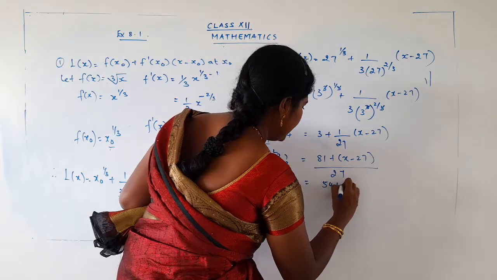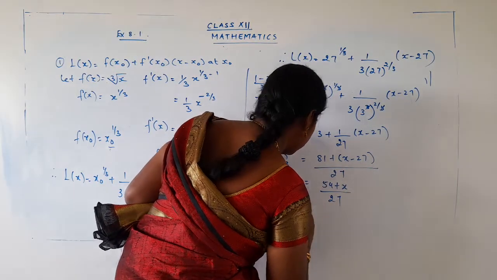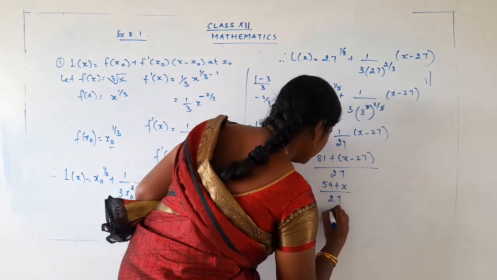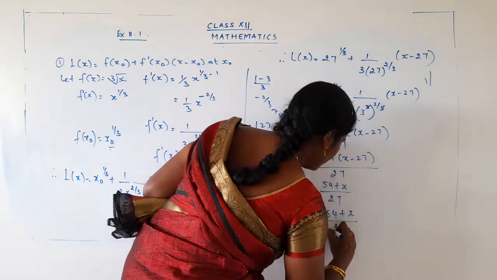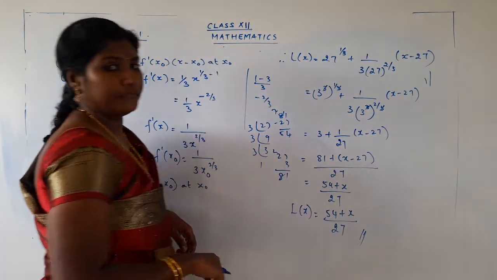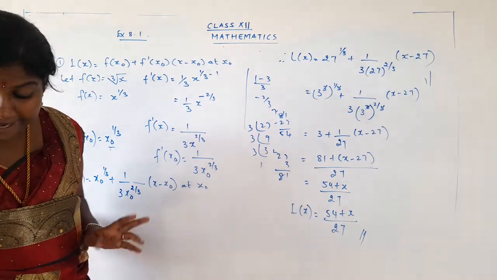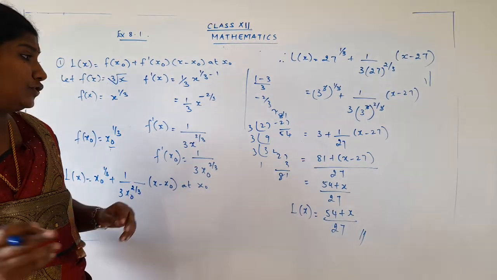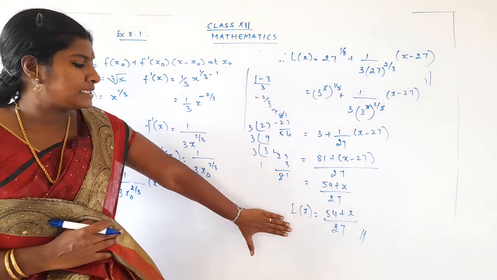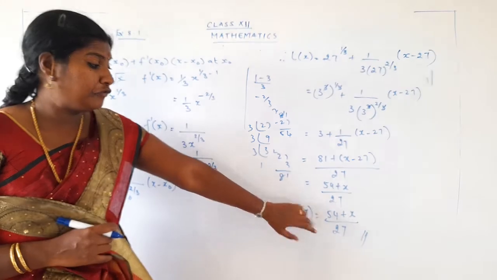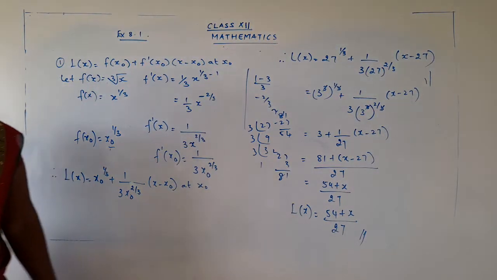It is 54 plus x upon 27. So this is our linear approximation. So L of x is equal to 54 plus x upon 27. We have just completed the first part of the answer. Find the linear approximation at x is equal to 27. So at x is equal to 27, the linear approximation is 54 plus x upon 27.